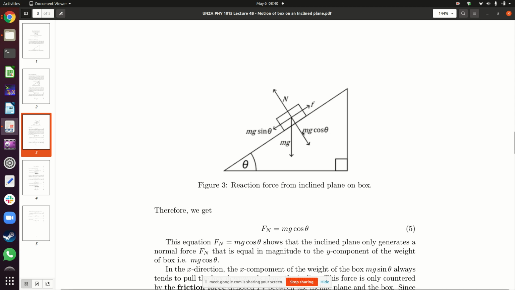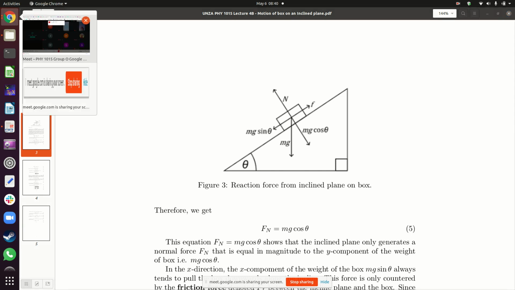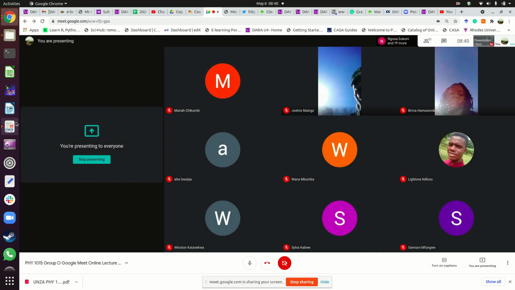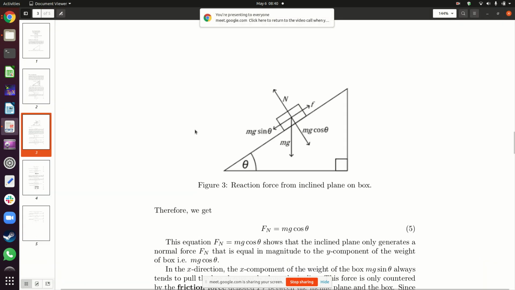There is a y component of the weight pushing downwards against the incline. The incline is not happy about being pushed around, so it pushes back with a normal force like that. Are we clear on how we have arrived here? Is it clear before I proceed?